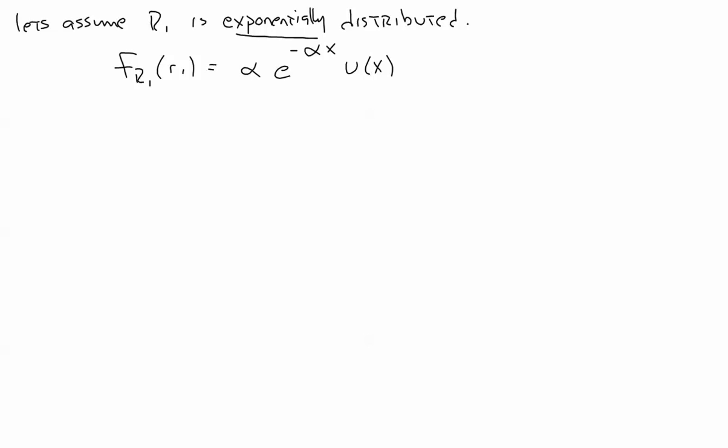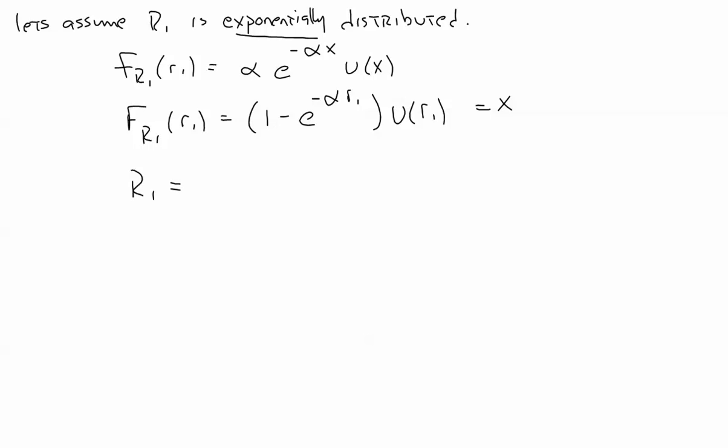Okay? We have in the past discovered that the cumulative distribution function for an exponential random variable looks like this: 1 minus e to the minus alpha r1, with a step function in there. We have to invert this, and I'm going to set that equal to x in order to invert it. And this is my transformation function.